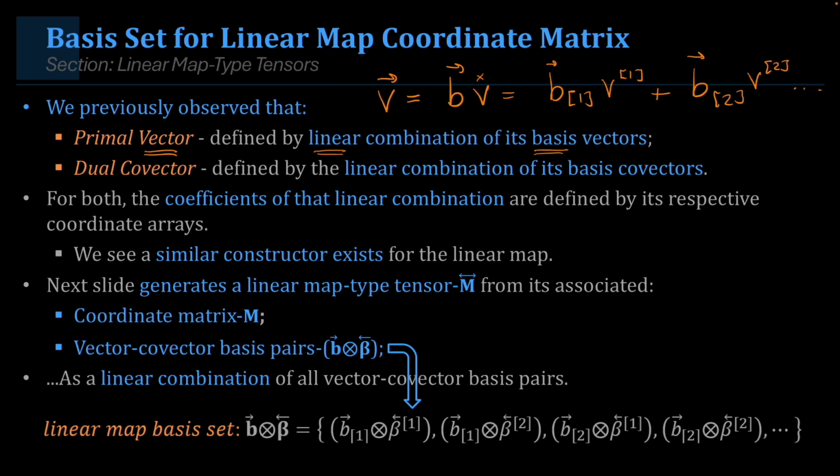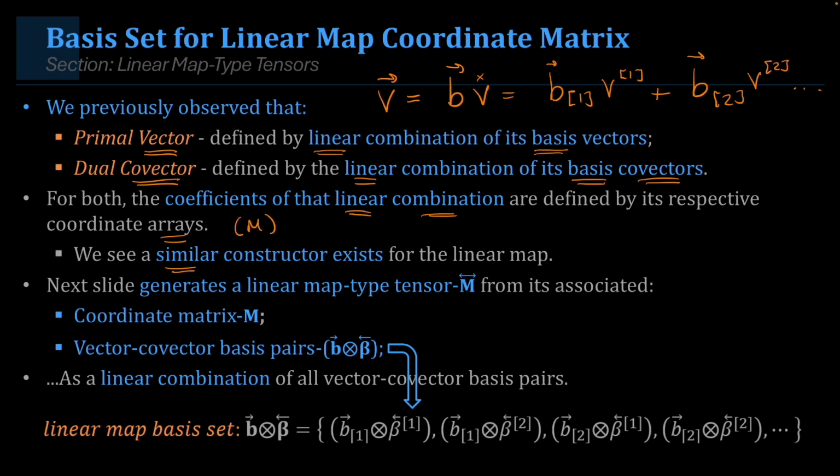So that's a linear combination of its basis vectors. We can do something similar for the dual covector. It's defined by the linear combination of its basis covectors. For both, the coefficients of that linear combination are defined by its respective coordinate arrays. And, spoiler, for the linear map, we're going to use the coordinate matrix.